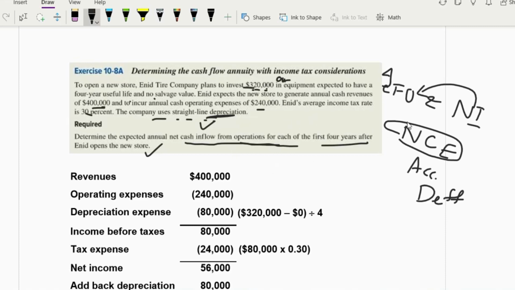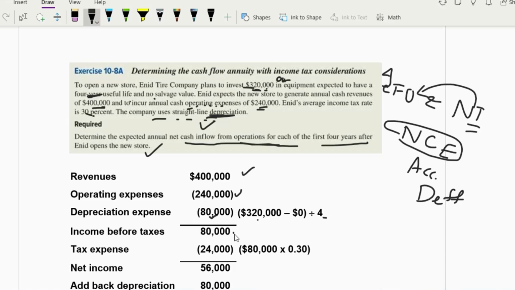Firstly calculate net income and then we will do the conversion. Revenues are 400,000, operating expenses are 240,000. Depreciation we have to calculate because they didn't say it is included. The equipment costs 320,000, there is no salvage value, and life is 4 years. So cost divided by 4 years, every year depreciation is going to be 80,000.